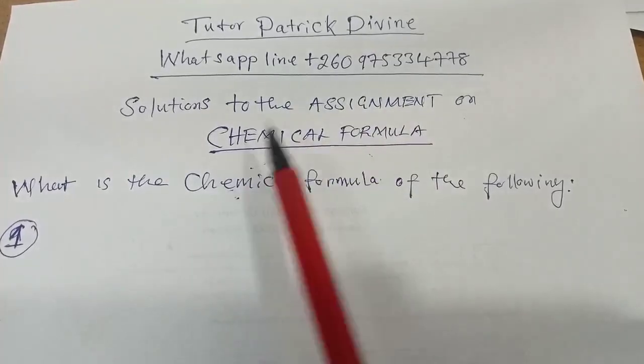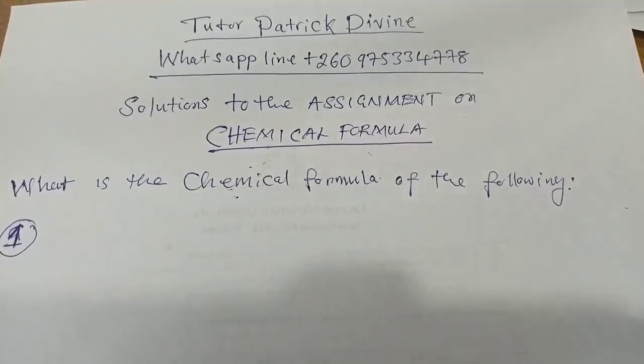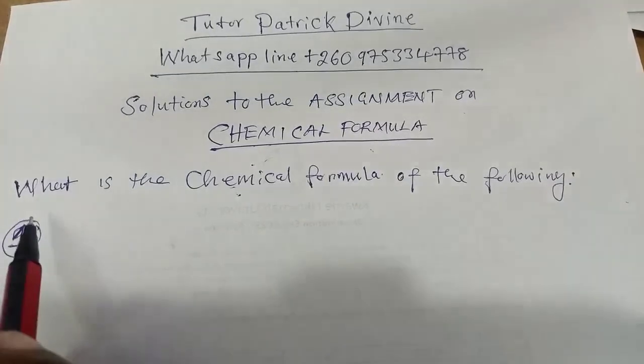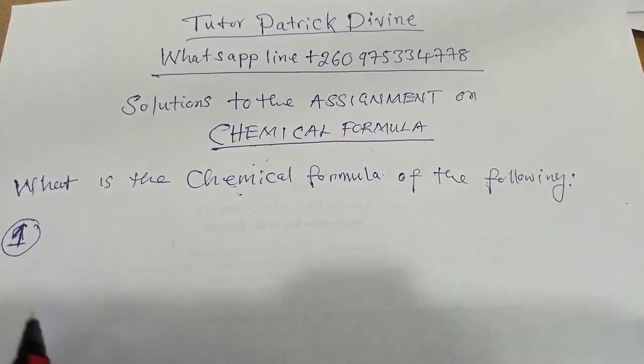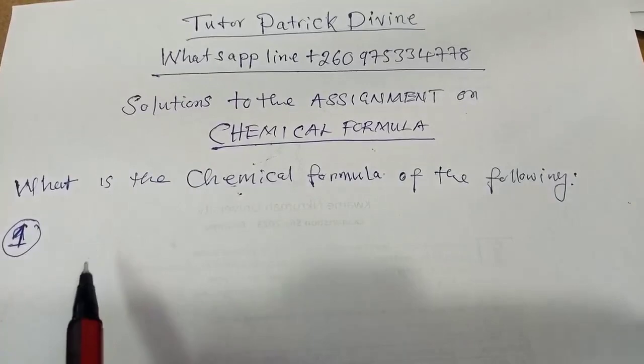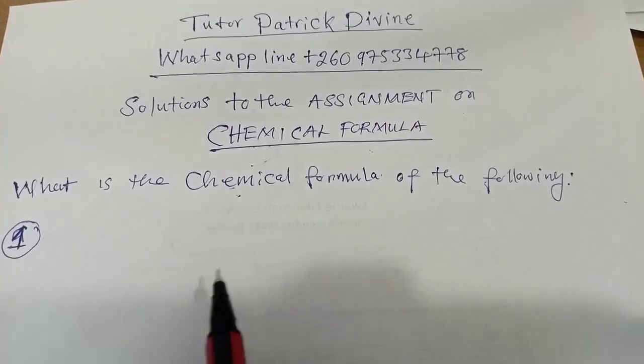Okay, all right, so we are going to do the assignment for chemical formula, and the first question that we were given was saying that we should write the chemical formula for sodium sulfate. You need to know their symbols. You need to know that sodium is a metal found on the periodic table. You need also to know its valence number.